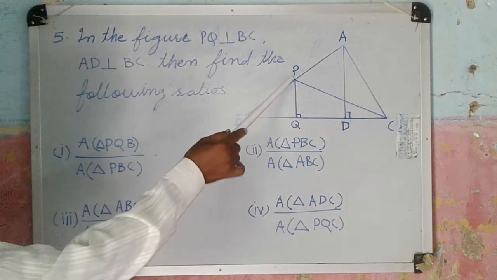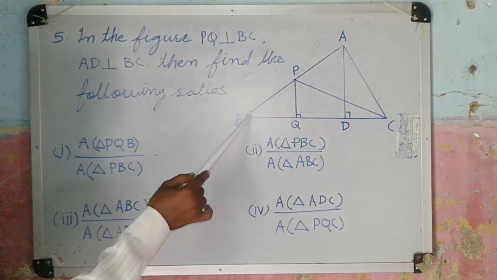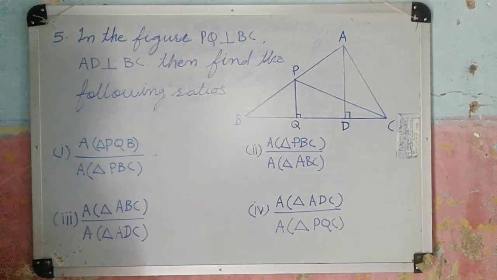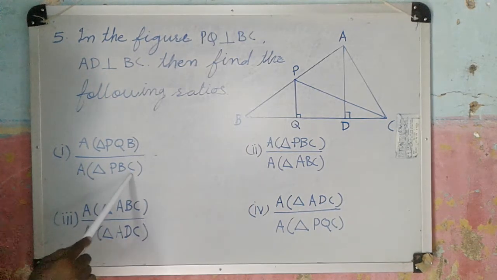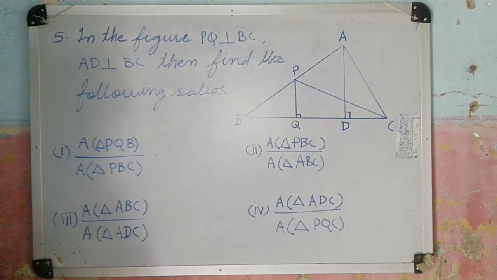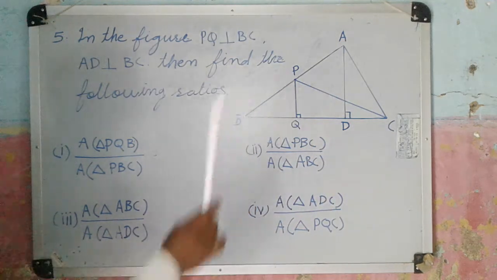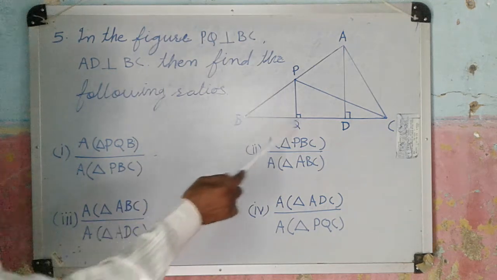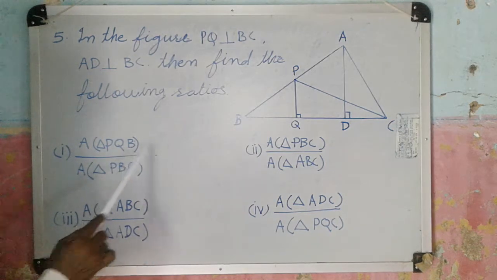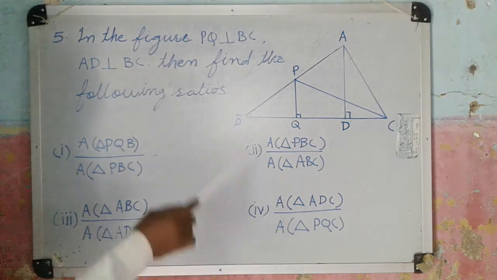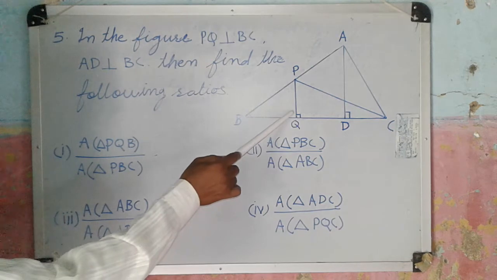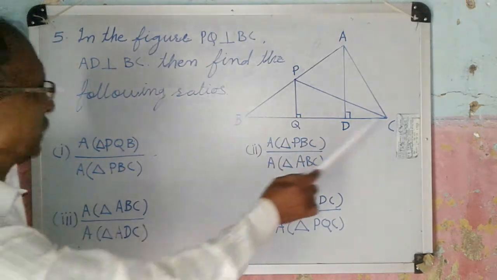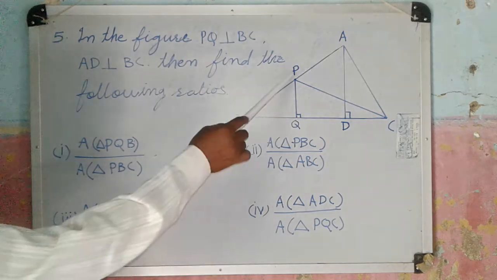Here triangle PQB. Now in this triangle, BQ is the base, PQ is the height, and in another triangle PBC, BC is the base and PQ is the height.